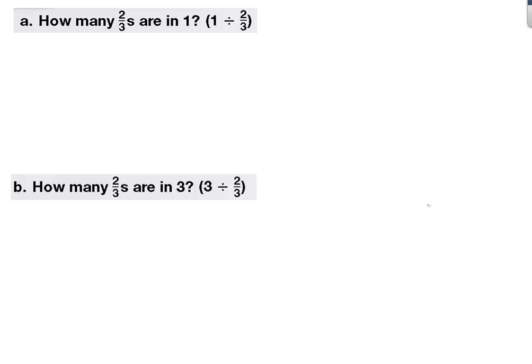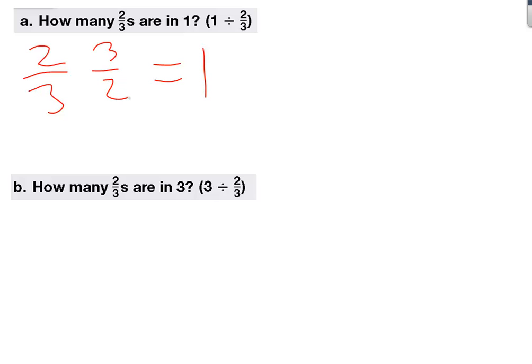So let's take a look at this. It says A: how many 2/3 are in 1? You've done this before. If you want to know how many 2/3 go into 1, what would you multiply 2/3 by in order to get 1? It would be 3/2, which is 6/6, which equals 1.